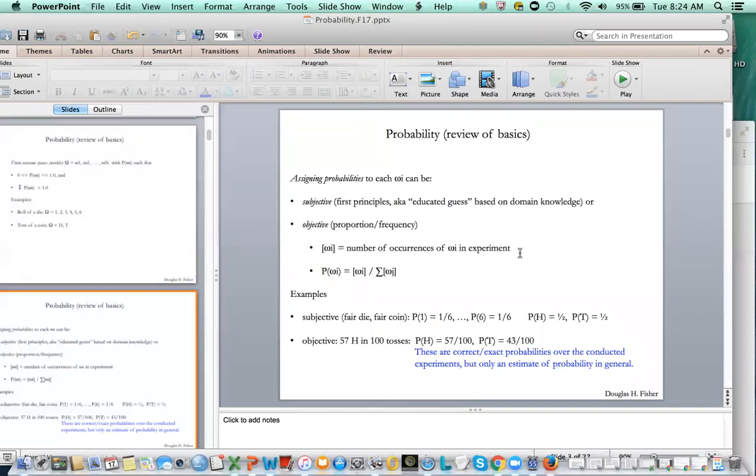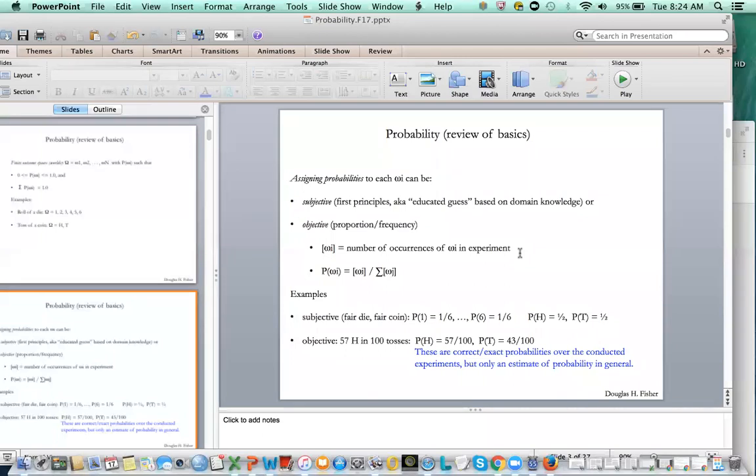So in the second example of objective assignment, we might see 57 heads in 100 tosses, which gives us a proportion of 57/100 for heads and 43/100 for tails. Now, this is an exact probability relative to the actual experiments we conducted, but it's only an estimate of what we might expect in a larger world.